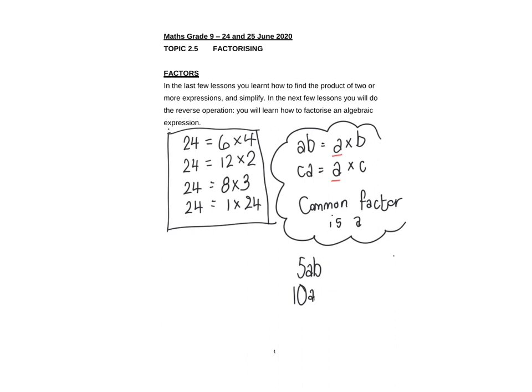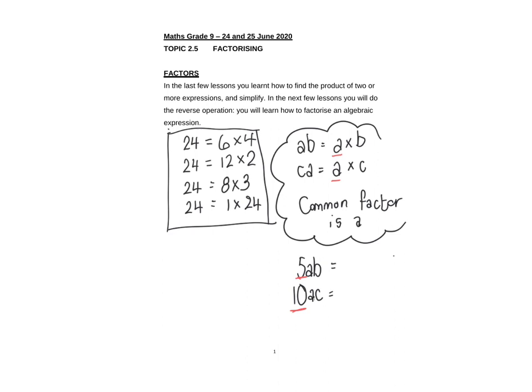Then we already know A is a common factor between AB and AC or CA. Remember, that is commutative. It doesn't matter the order in which you write a multiplication calculation. But between 5 and 10, the factors that are common are not as obvious.